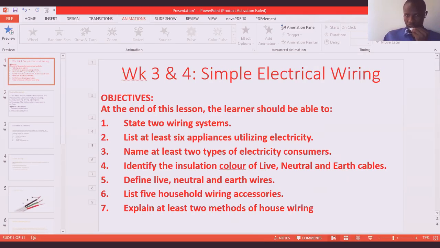The topic once again is simple electrical wiring, and we are going to look at this topic for week 3 and week 4.